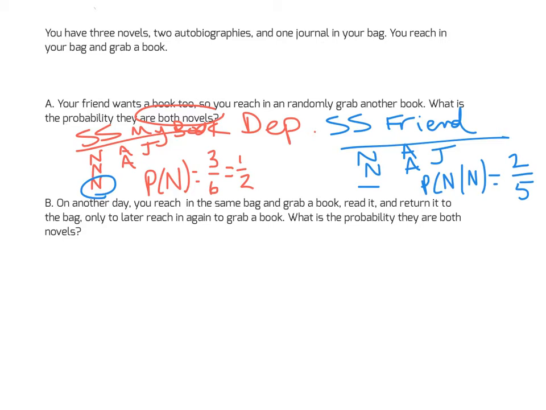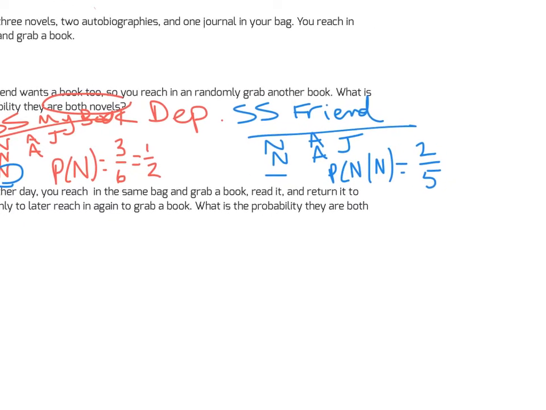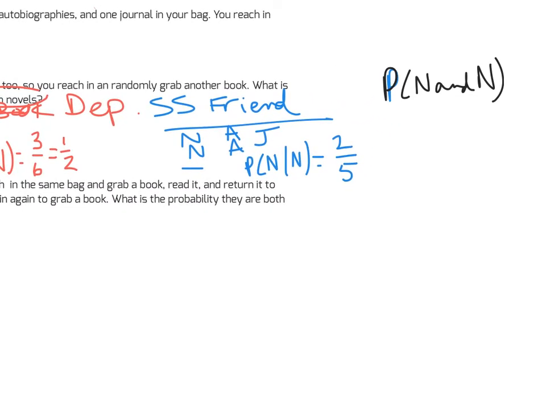So together, the probability that it's a novel and a novel is going to be equal to the probability the first one's a novel times the probability the second one's a novel, given that the first one's a novel.